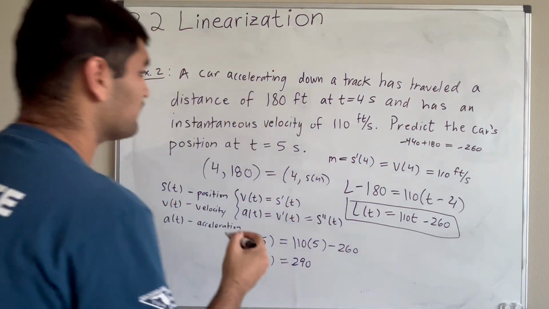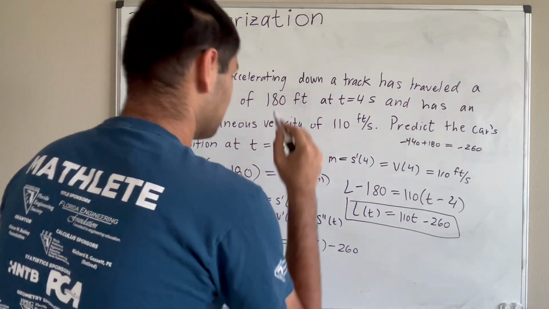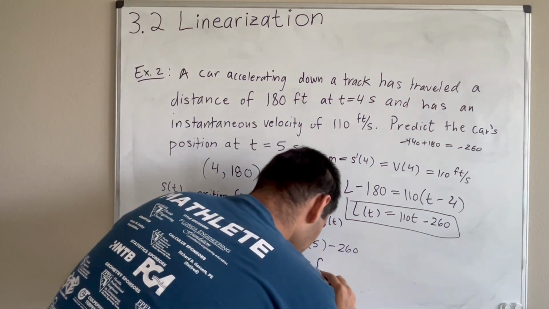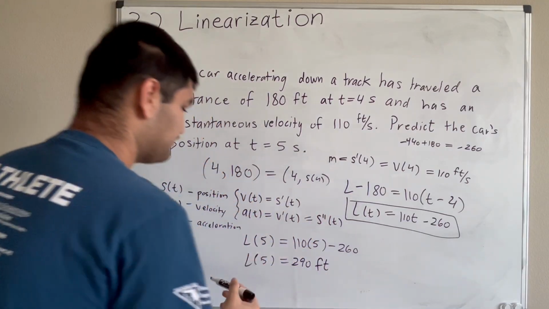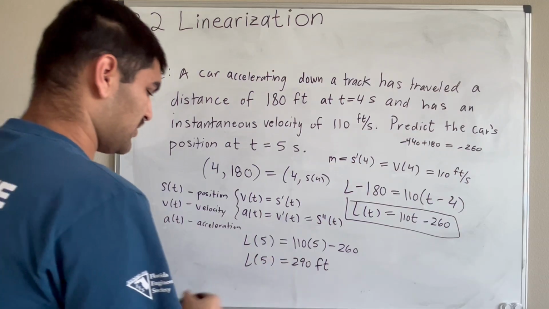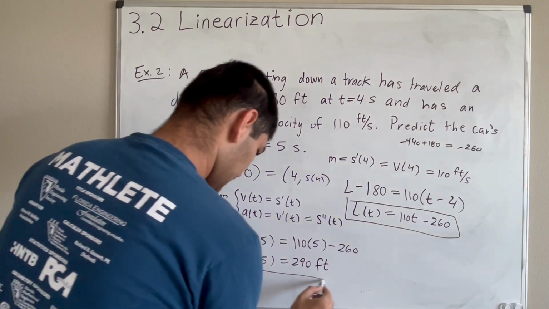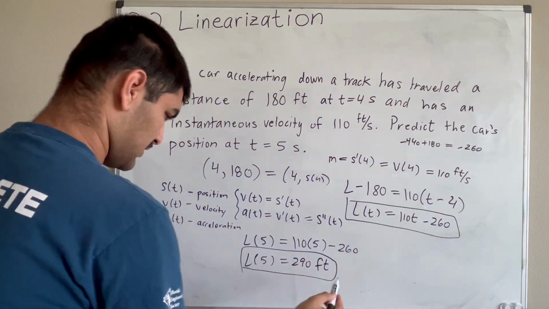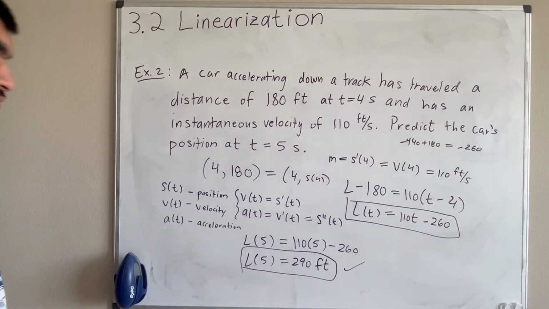And so our units in this case are just feet, right? Because we're trying to find the position. So therefore, we can predict that the car's position at time equals 5 seconds will be 290 feet, right? So this is the answer, and we're done.